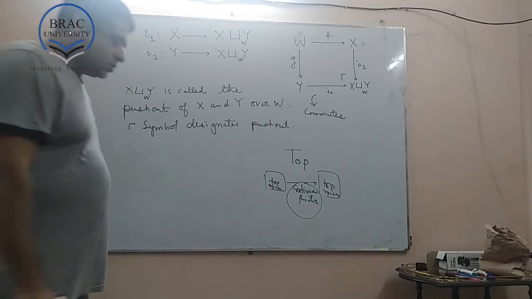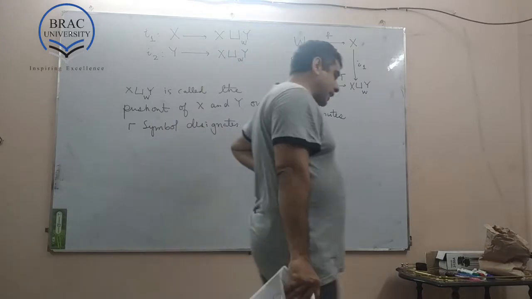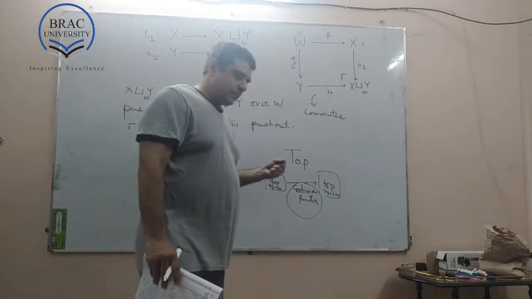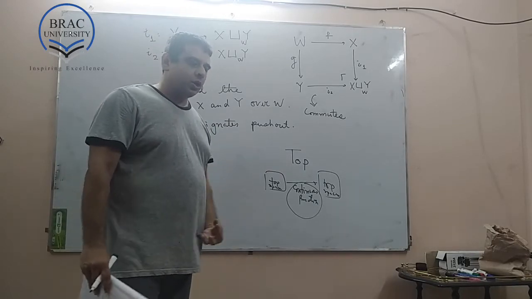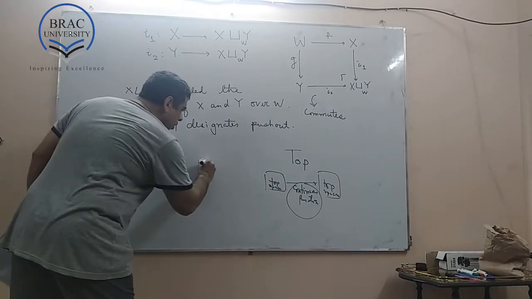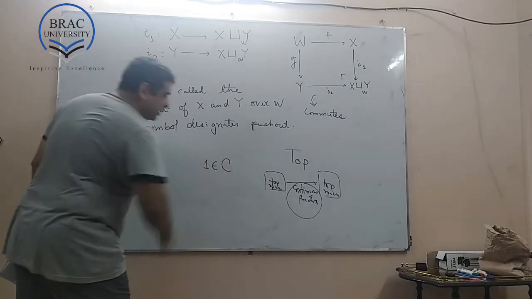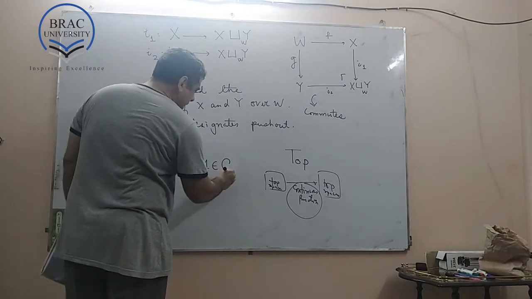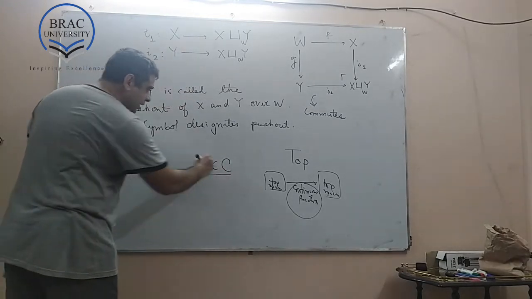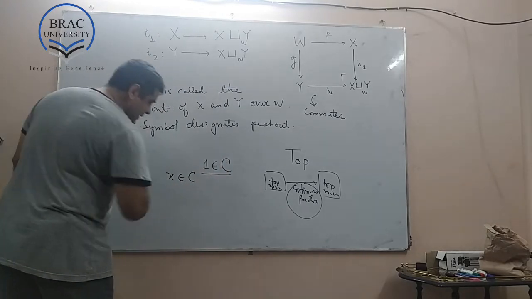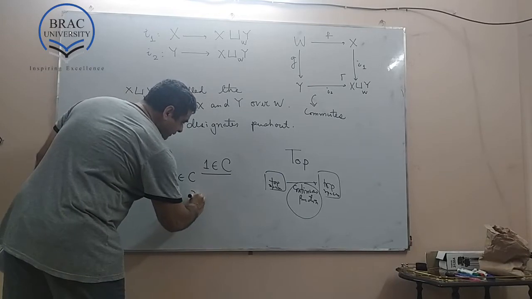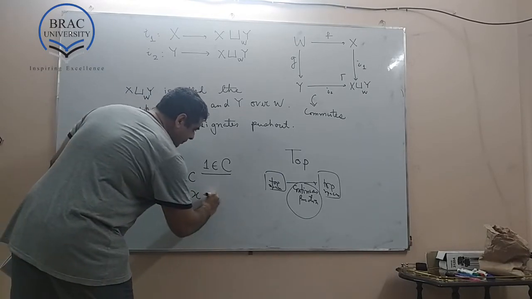So there I told you that a terminal object is a distinguished object in the category denoted by 1 in the category C, so that for any other object X in this category, I have a unique morphism from X to 1.